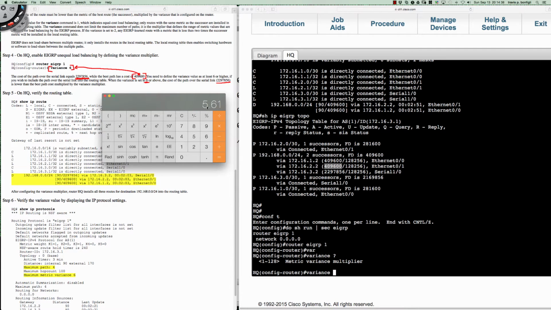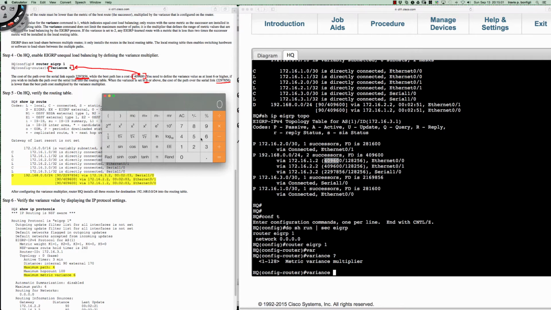I hope. So again, you just simply divide the metric of the current feasible successor by the metric of the current successor, and that's going to give me the value that I need to put inside the variance argument of the variance configuration, in order to ensure that I am less than.